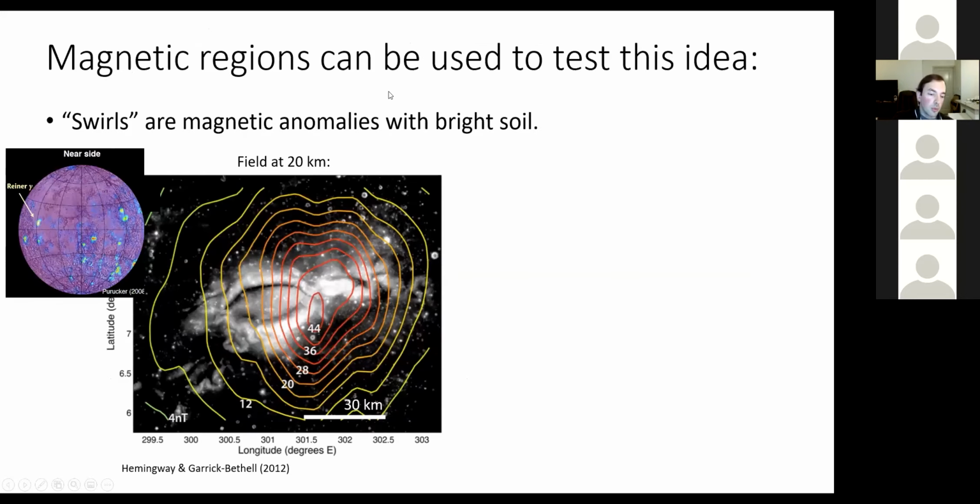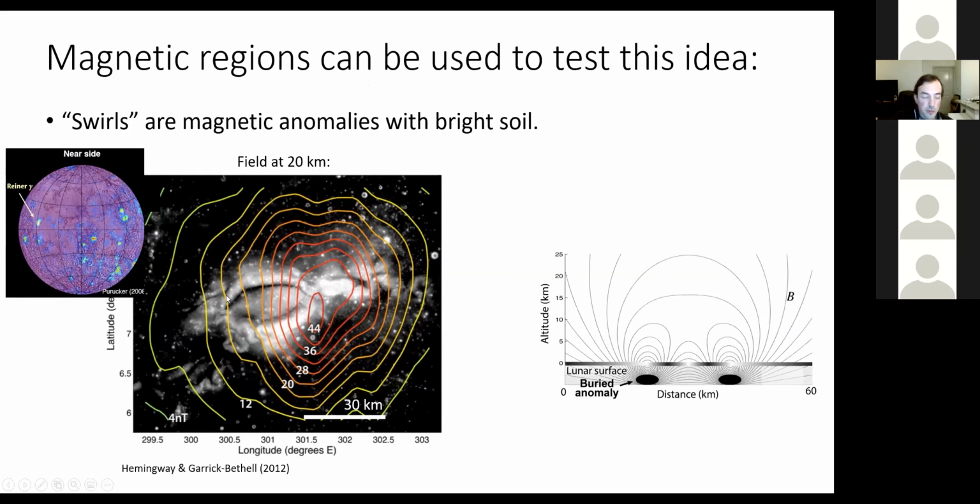So one idea I had was to let the magnetic anomalies help us, because these magnetic anomalies, here it's called Reiner Gamma, have funny colors associated with them. This is a map of the magnetic field. The contours are in nanotesla. And you can also see the color is different here at this Reiner Gamma swirl. This has been known for decades. We believe the sun is being blocked. The solar wind likes to make the surface dark, but the solar wind is blocked by the magnetic field.